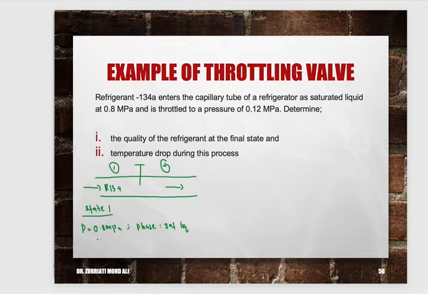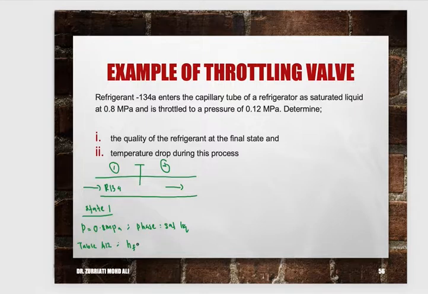Therefore, we can refer to table A12. From A12, I refer to the pressure of 0.8 MPa, which is about 800 kPa, and I look at hf because the phase is saturated liquid.